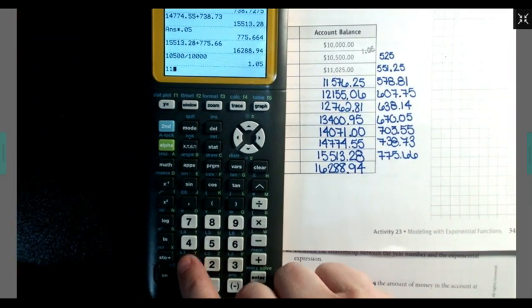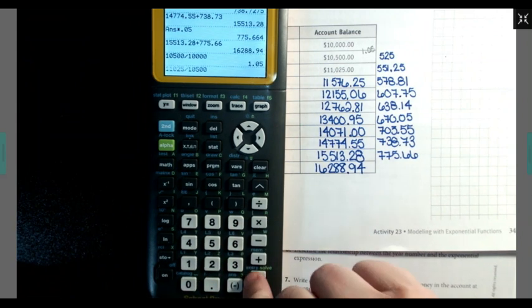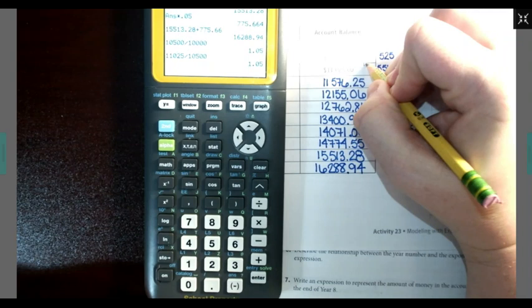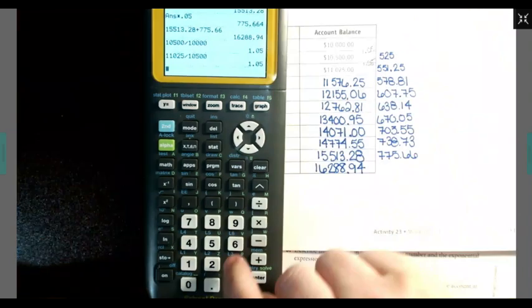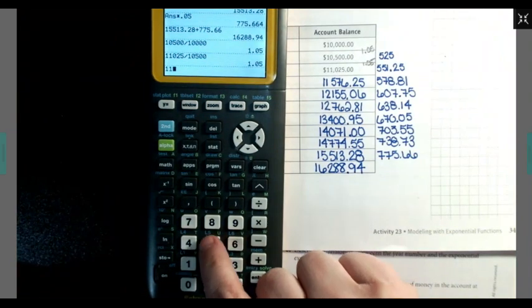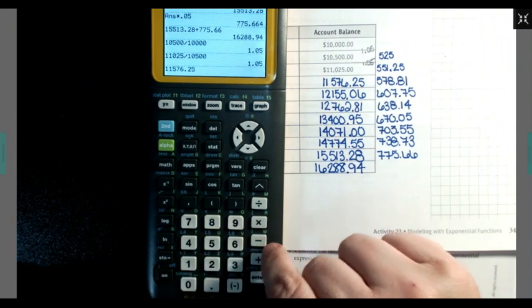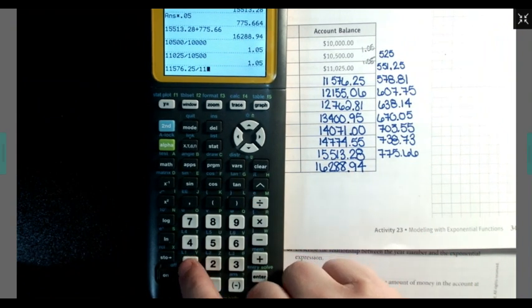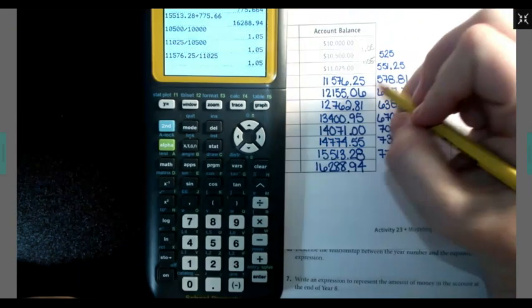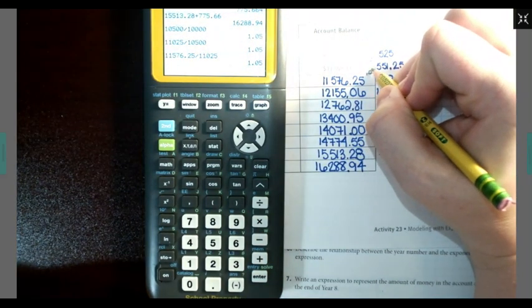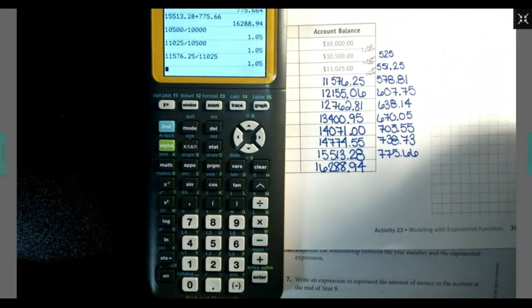We're going to take 11,025 and divide by 10,500. I got 1.05. If I take $11,576.25 and divide by 11,025, I get 1.05. Notice what's happening each time.